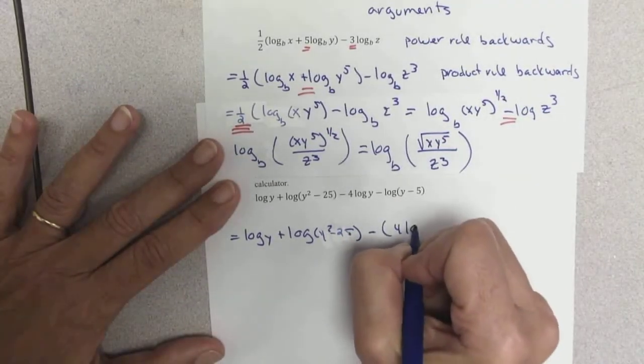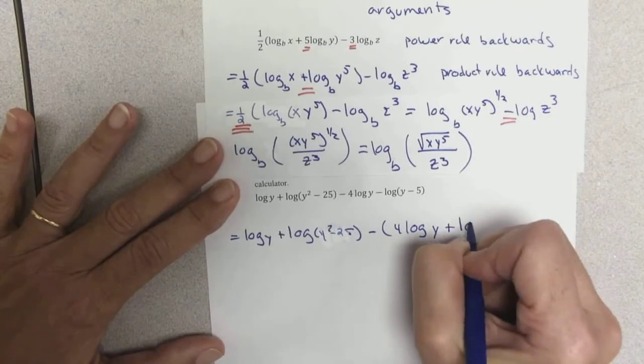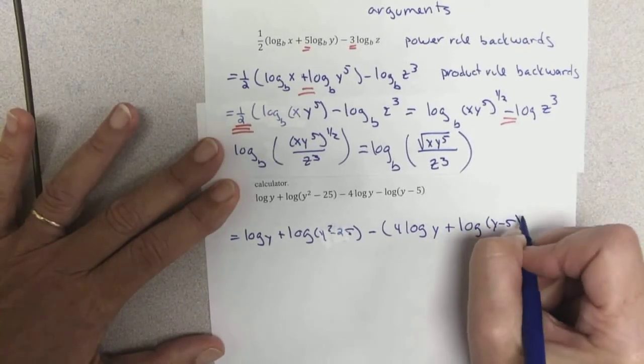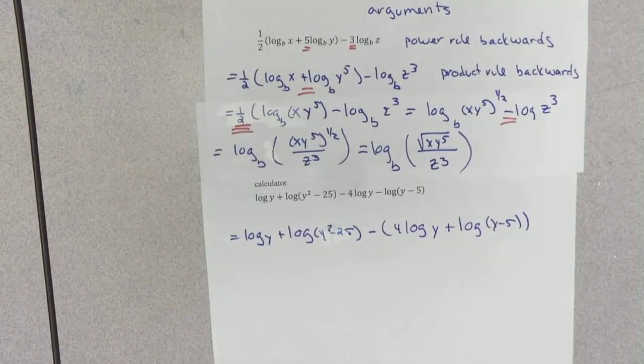And so then this becomes 4 log y plus log y minus 5. And that's going to make the problem so much easier, pulling that one little trick of pulling out that negative, so that I only have to deal with a negative and making the fractions, because none of us like fractions.